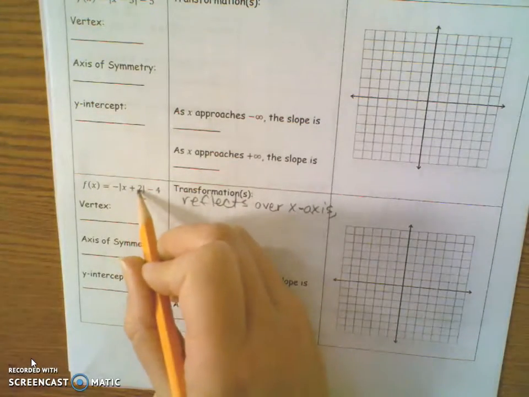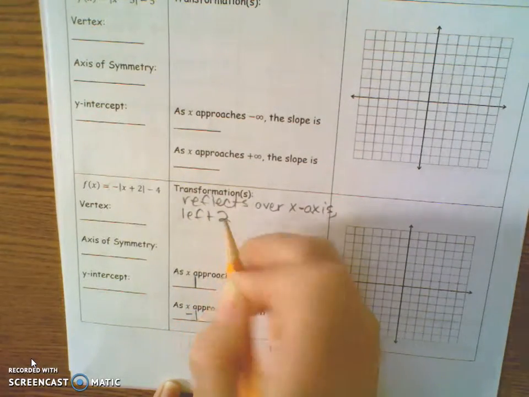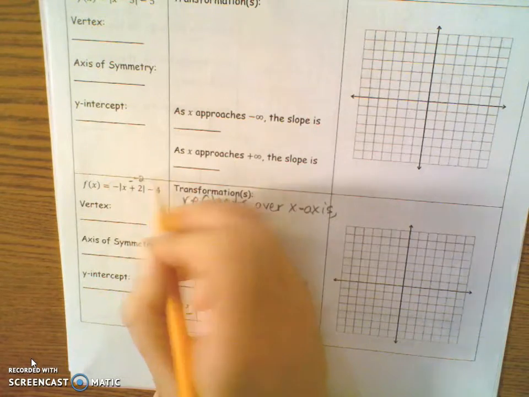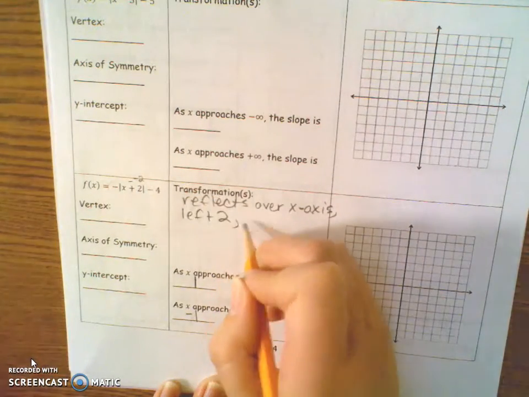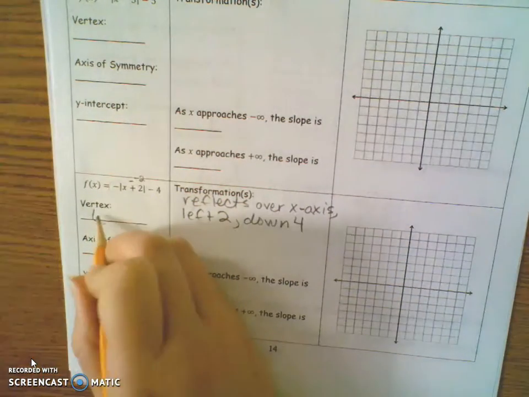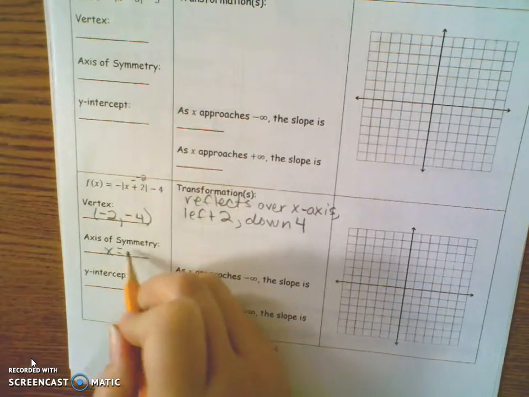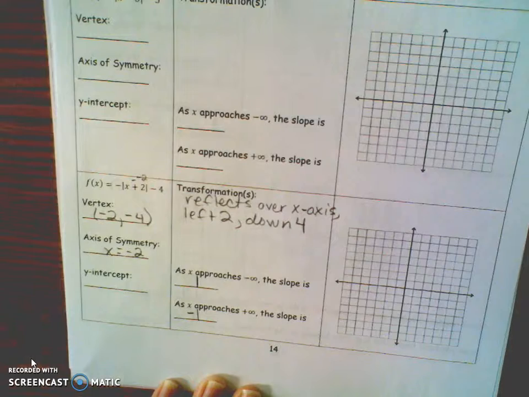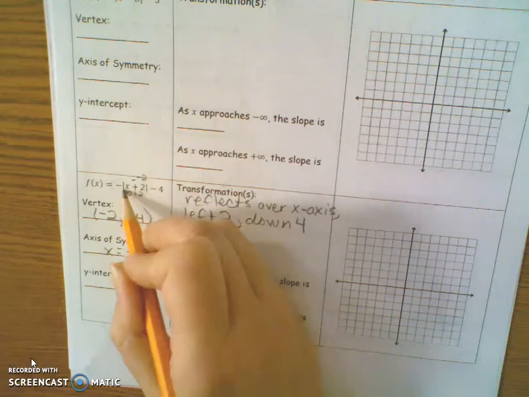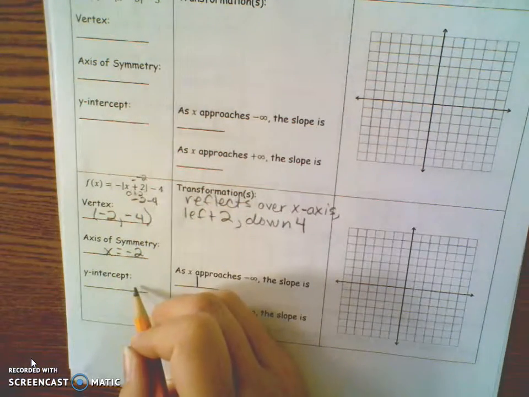And also this is going to go to the left 2, because remember it's x minus h, so that's like minus negative 2, so it's going to the left 2, and then it's going to go down 4. That makes our vertex (-2, -4). Our axis of symmetry is going to be x equals -2. And then if I put 0 in here, I've got 0 plus 2, so absolute value of 2, which gives me negative 2 minus 4, which is negative 6.